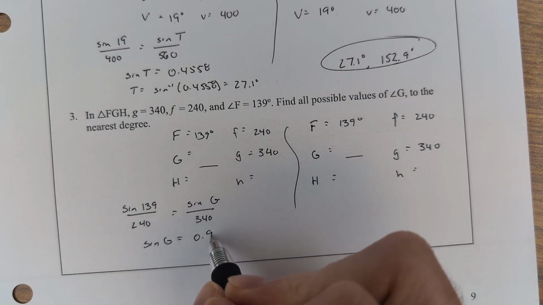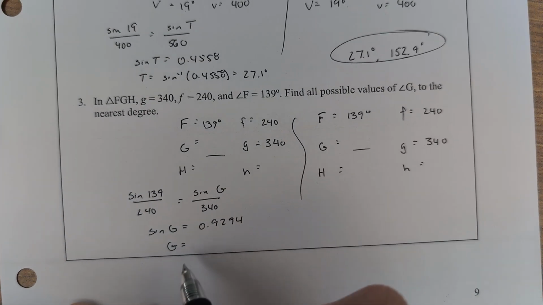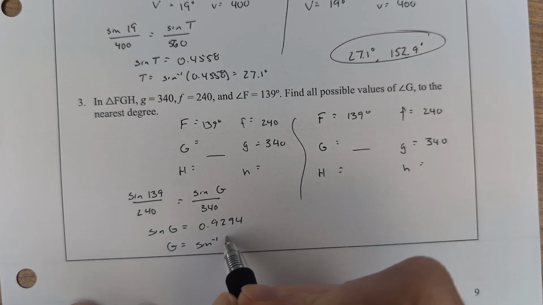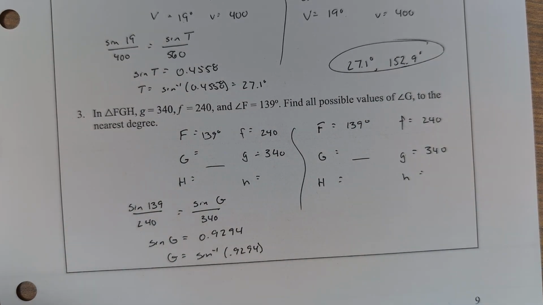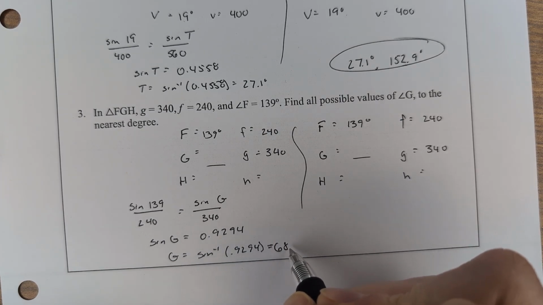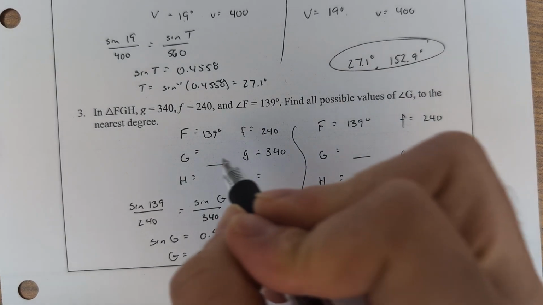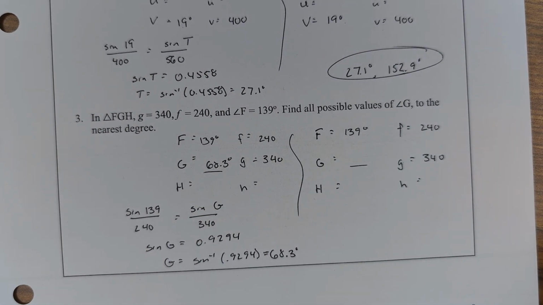That gives 0.9294. So then G is going to be the inverse sine of 0.9294. Second answer. So big G is 68.3 degrees is what we get there.